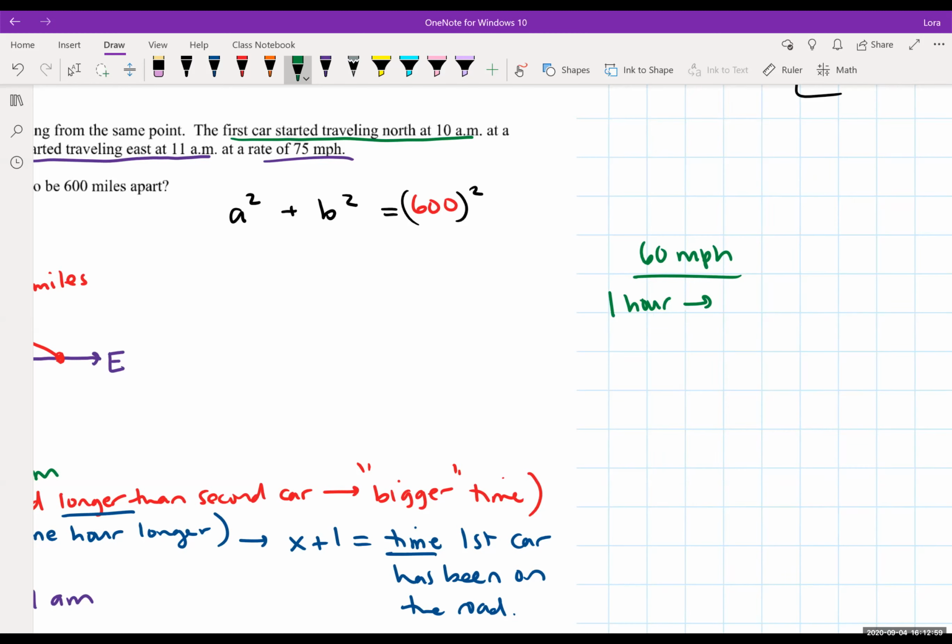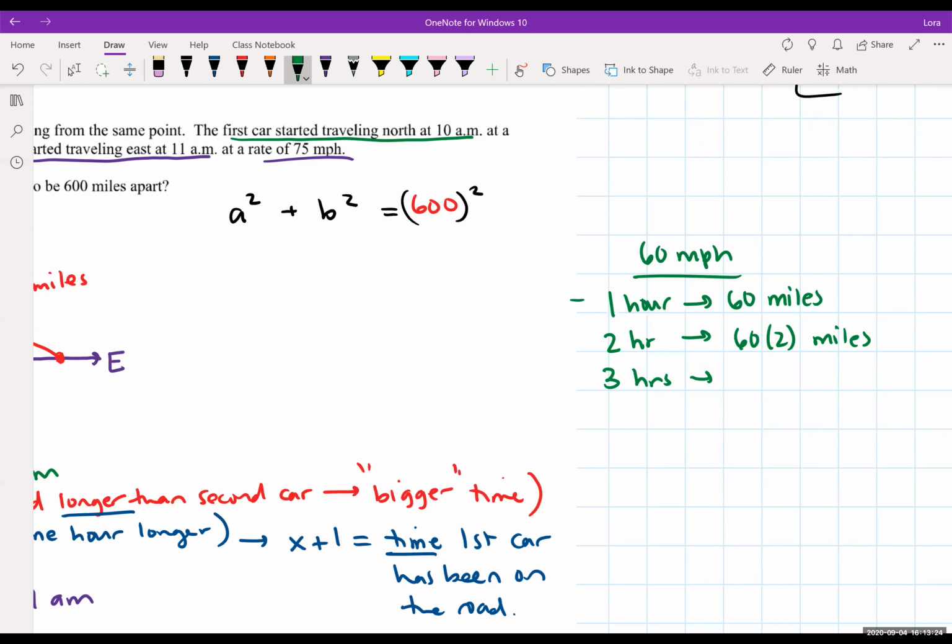Miles per hour, 1 hour, you've gone 60 miles. And what about 2 hours? Well, you've gone 60 miles for the 1 hour and another 60 miles for another hour. So you've gone 60 times 2 miles. What about 3 hours?